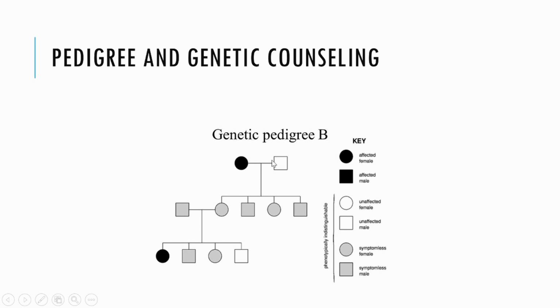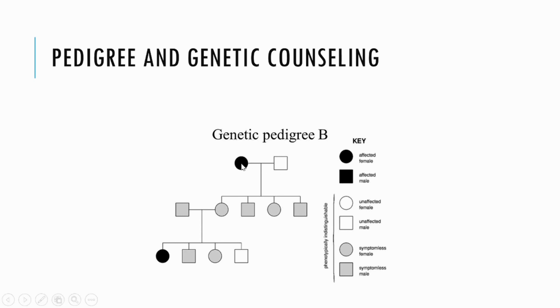For the sake of this class, I'll keep it simple enough of affected versus unaffected, but in your studies, you may come across some pedigrees that show the symptomless individuals. These are individuals who are unaffected by the condition but carry it, meaning they do have an allele for it that they can pass on to their children, even though they themselves don't have the disease.